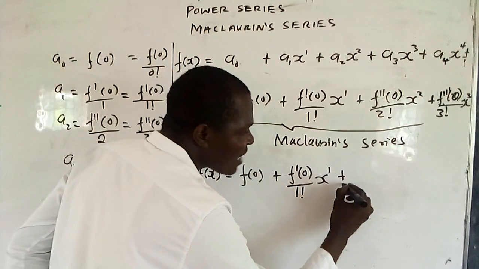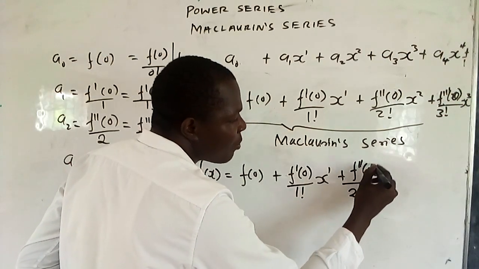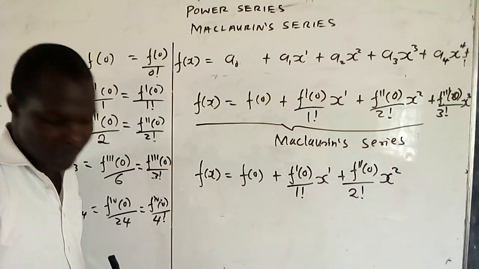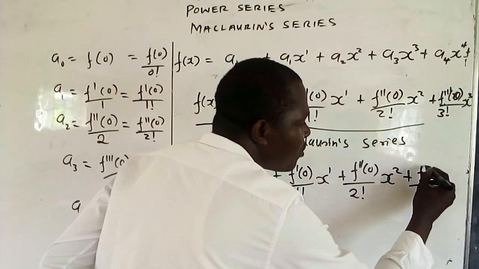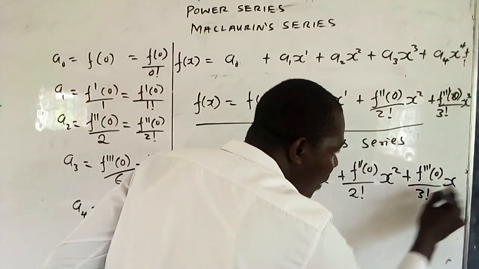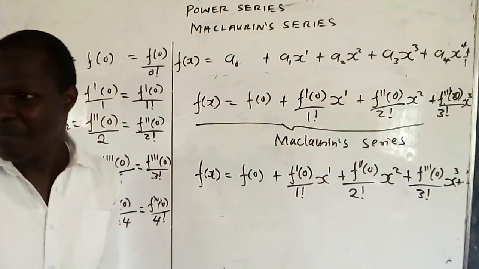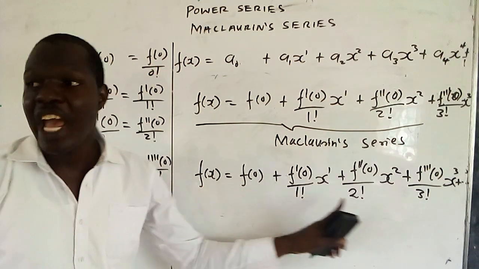Yes. Then you move to the next one, when you have 2 factorial, it means you have f double prime of 0, then our x is raised to that power 2. Are we together? Yes. Then you move to the next one, when you have 3 factorial, it means we are differentiating for the third time, then our x is raised to power 3, then plus until infinity. Are we together? Yes. This is the Maclaurin series of a function f of x.